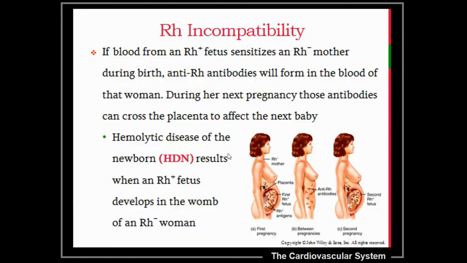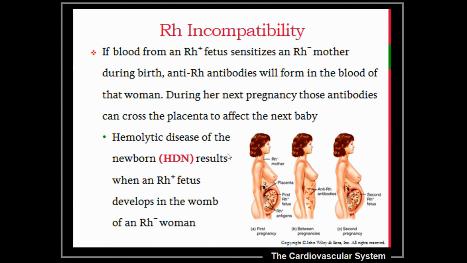So here's what happens. If blood from an Rh positive fetus sensitizes an Rh negative mother during birth, so first of all, remember, 85% of the people walking around are Rh positive. So the mother has to be Rh negative, which is only 15% of the population. So this doesn't really happen a lot, but the risk is out there. And anti-Rh antibodies will form in the blood of that woman.